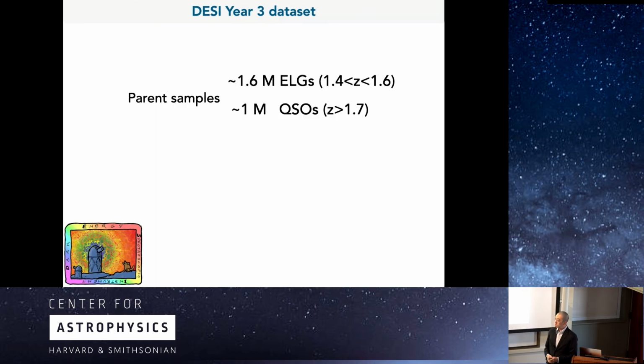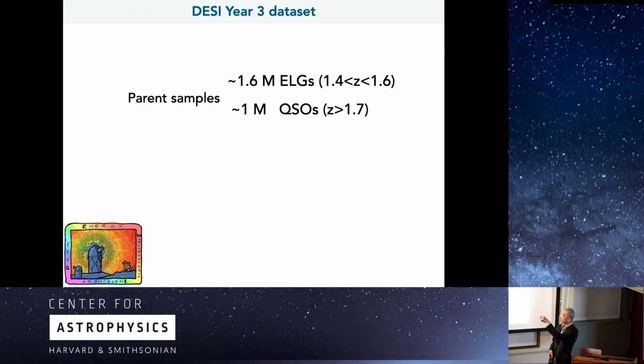Currently, DESI has just finished its third year of operation, which already includes many galaxies. It provides us about 1.6 million emission-line galaxies, which are star-forming galaxies that produce strong emission lines, at redshift between 1.4 and 1.6. It's just a narrow redshift region, but it's already 1.6 million emission-line galaxies.